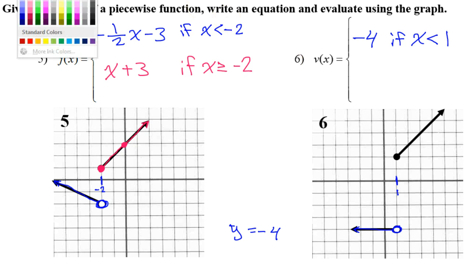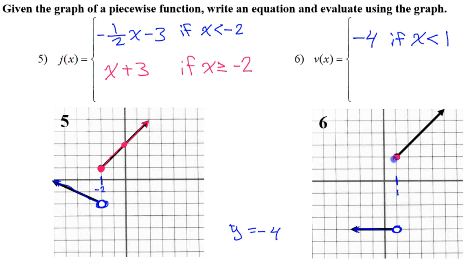Now let's do the red piece. Okay, now this is not a horizontal line. So I am going to need my y equals mx plus b form again, slope-intercept form. So remember, I'm thinking, all right, I need the slope to put here, and I need the y-intercept to put there. So let's start with the slope. This goes up 1 over 1, so that means the slope is 1.